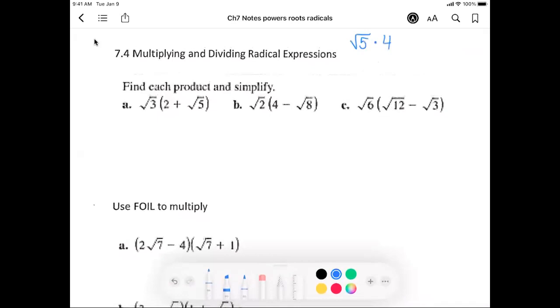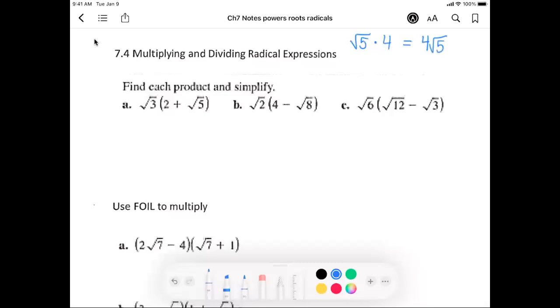Square root of 5 times 4, I guess you could just write it as 4 times the square root of 5 like this. But when you're multiplying constant numbers, like a plain coefficient 4, by any radical, you just multiply the number on the outside. That's all you can do. You don't do anything inside of the radical.